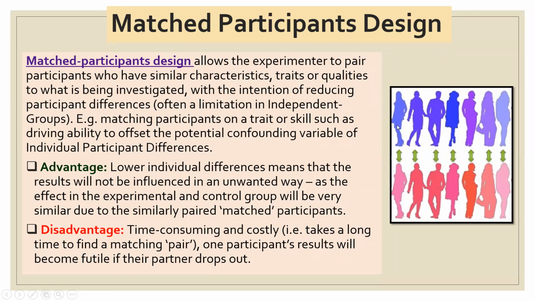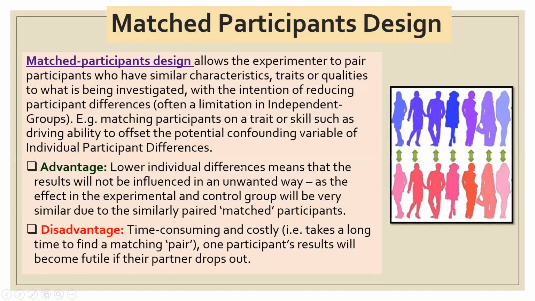So what the researcher has to do is find someone who is so similar to this person in the population, and that person becomes their match, okay? They're not the same person, because you can see that this one's purple, this one's pink, but essentially this person is so similar to the person in the experimental condition that they become what we call a match. So person A goes through the experimental condition and person A's match goes through the control condition.